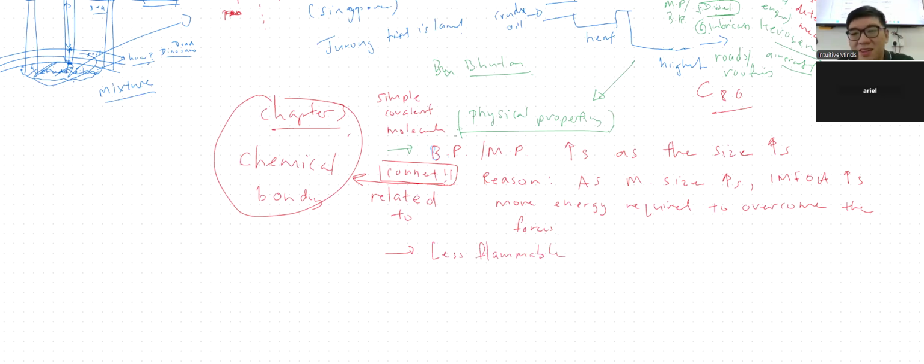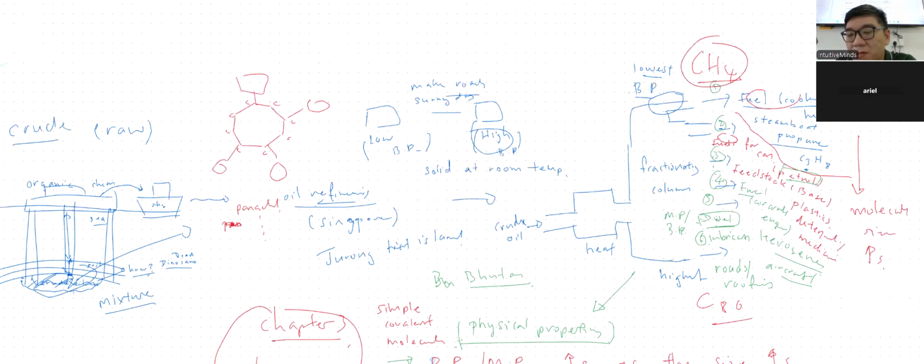Think about it. Methane, is it very flammable? Yes, very flammable. It's used for cooking. So you want something that is flammable so you can cook faster, right? If it's less flammable, then it's going to take you a long time to start the fire, and that's going to delay your cooking.